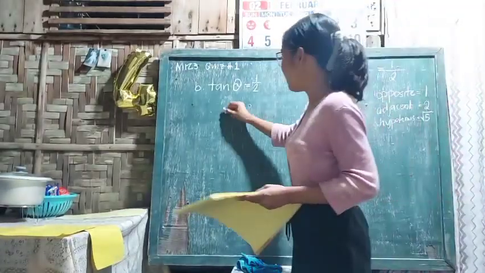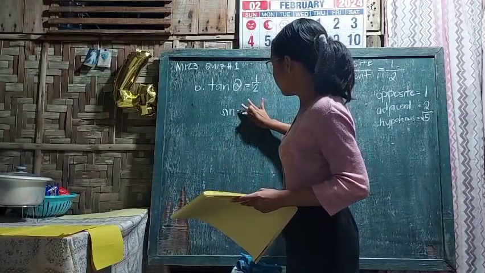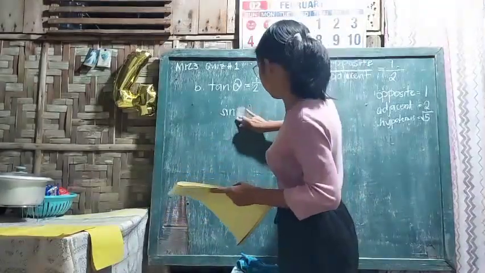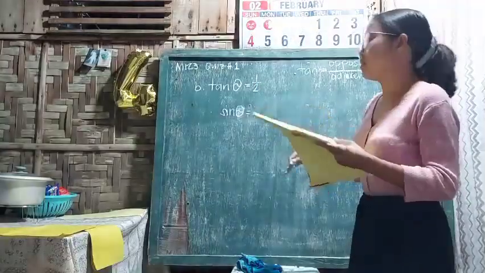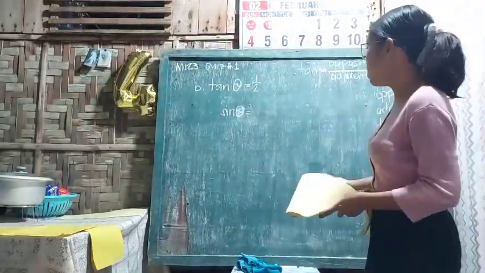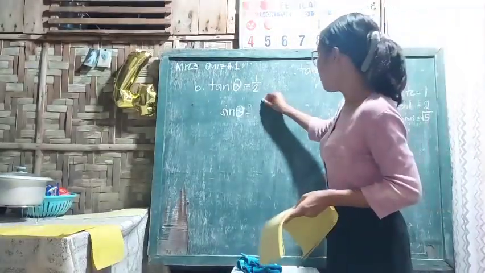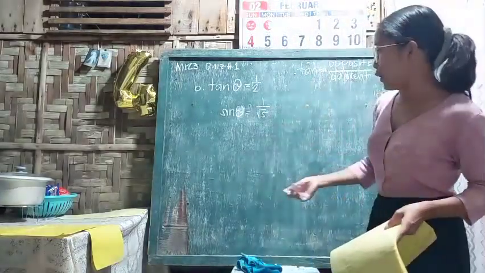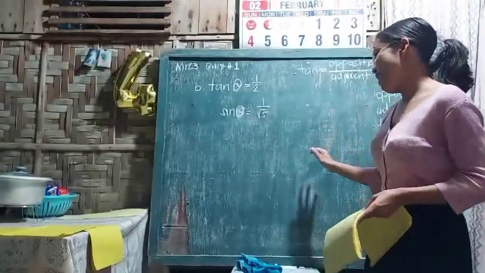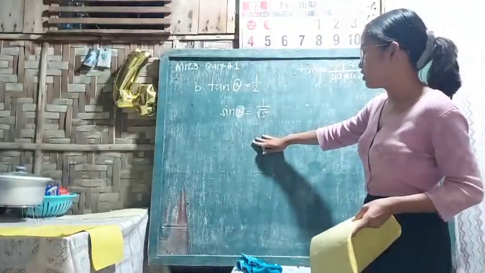So for our sine, since sine is equal to opposite over hypotenuse, the value of our sine here is 1 over square root of 5. Now we remembered that we can't have a radical in our denominator.